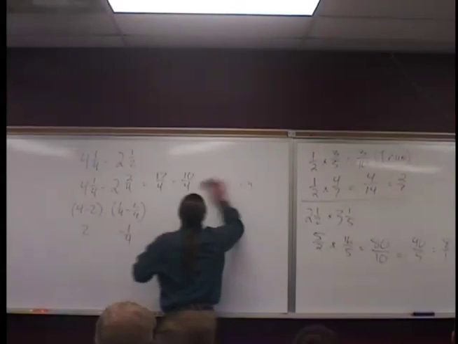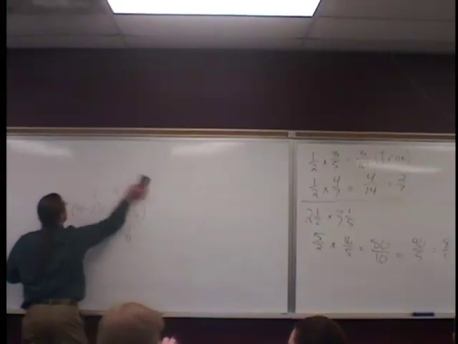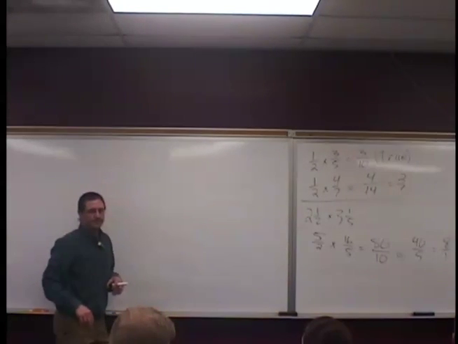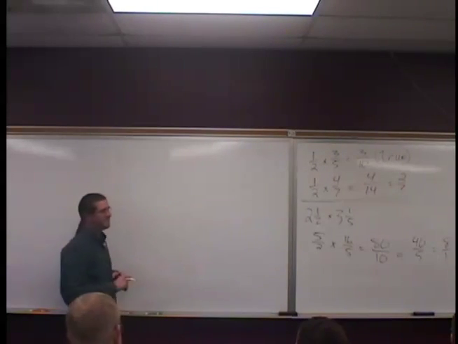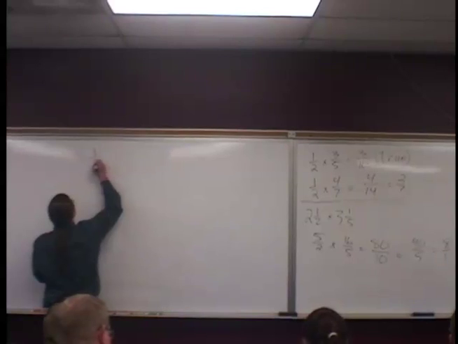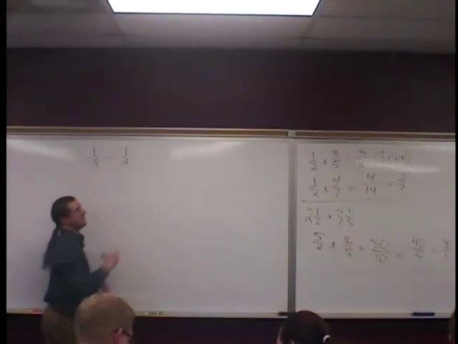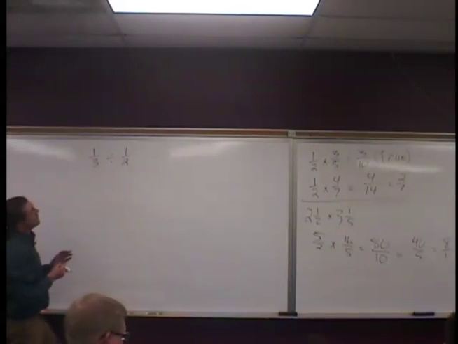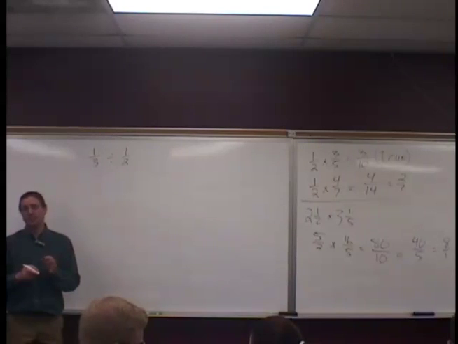All right, so if you can multiply, you can divide fractions. There was one of these on the pretest too. What I tell people is that you never divide fractions, you just flip and multiply.